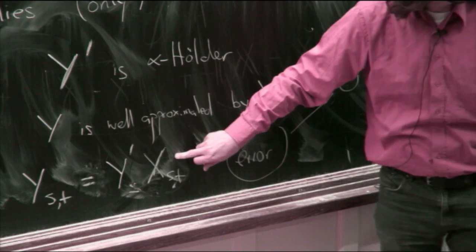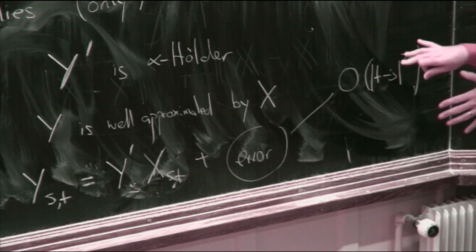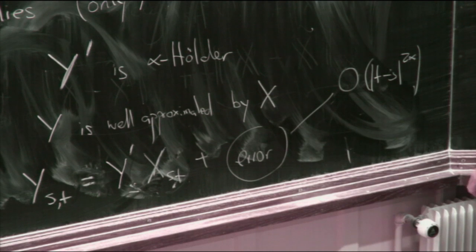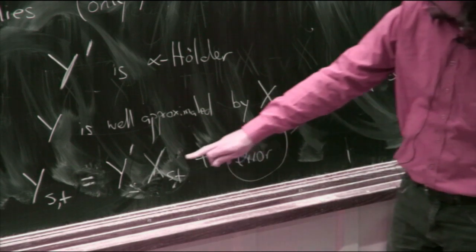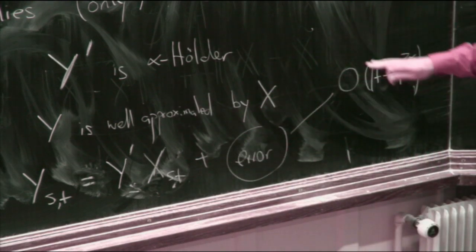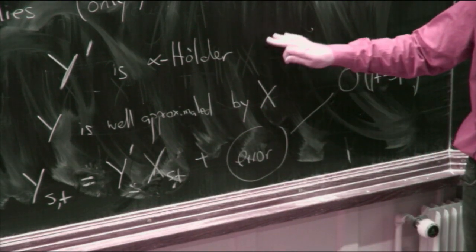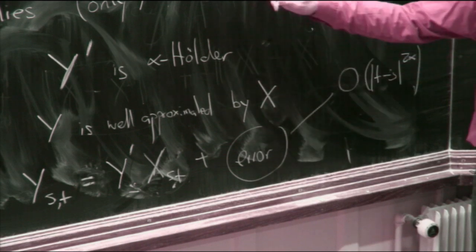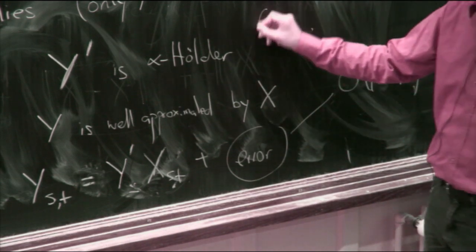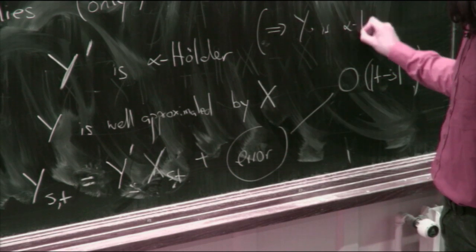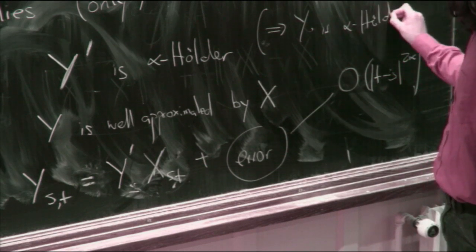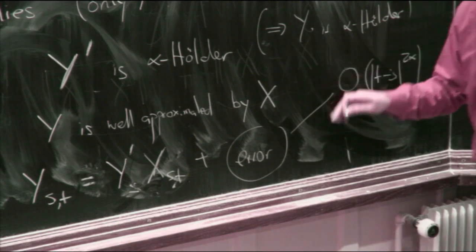This tells you what's going on, and then 2 alpha you put in the remainder here. Okay? So these 2 things, you want that y is well approximated by x up to order 2 alpha. Y prime itself needs to be alpha Hölder. It's a consequence of these 2 properties that y also is alpha Hölder. So you don't have to impose this.